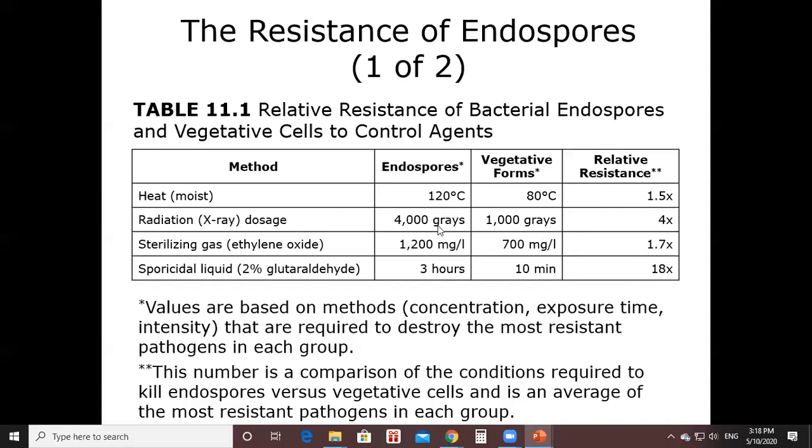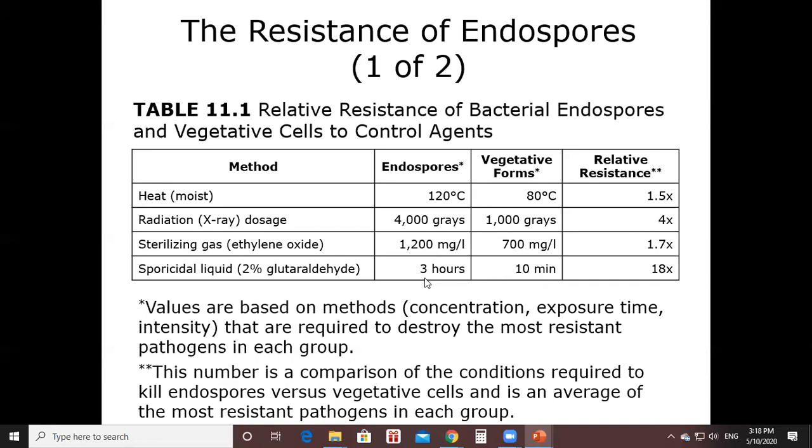Radiation for an endospore takes 4,000 units as opposed to 1,000 units for vegetative. Then there is sterilizing gas or sporicidal liquid. It shows the differences if they have endospores, and then that same organism if it was vegetative.